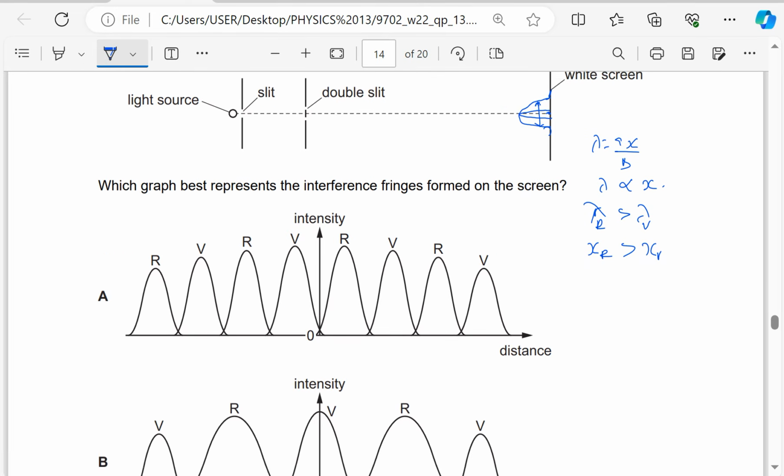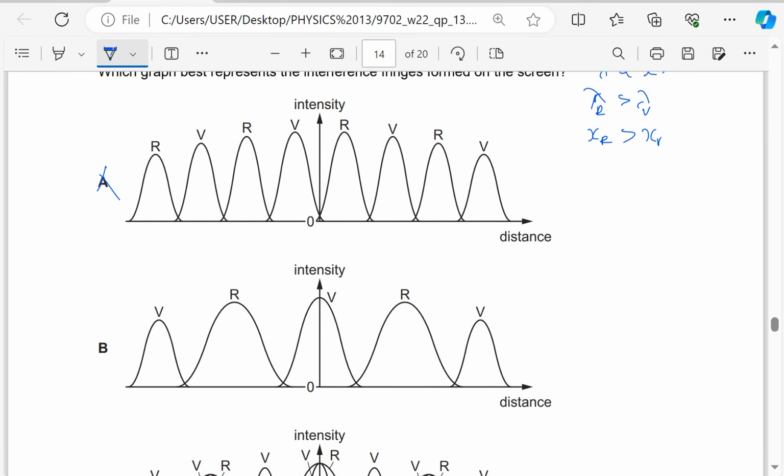So let's check. A is automatically wrong because it's showing that the first interference pattern is beyond the point where it's not at the center, so this is going to be wrong. B is also wrong because it's showing as if it's only violet which makes its first interference pattern at the center, which is also going to be wrong.